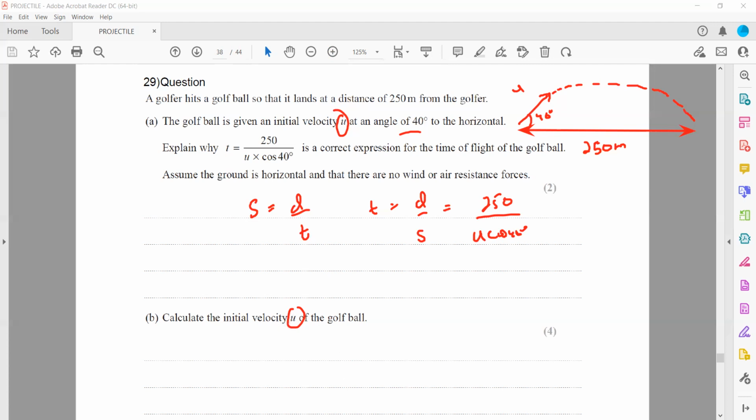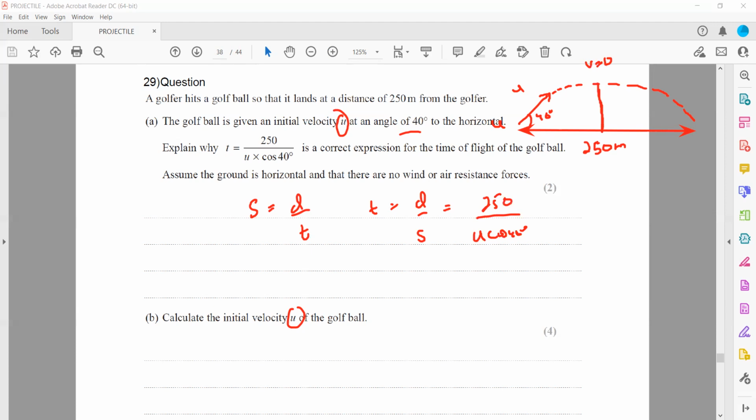To find the initial velocity, we can use any equation of motion, like v equals u plus at. In that case we'll divide the motion into half, taking the final velocity as 0 and the initial velocity as u sin 40, and then substitute the values.